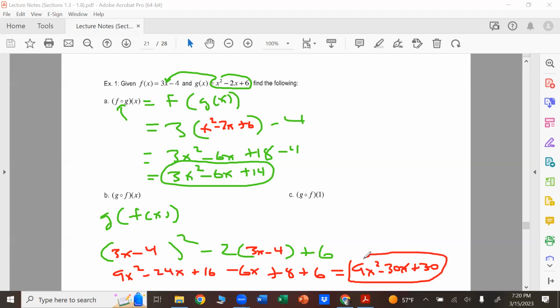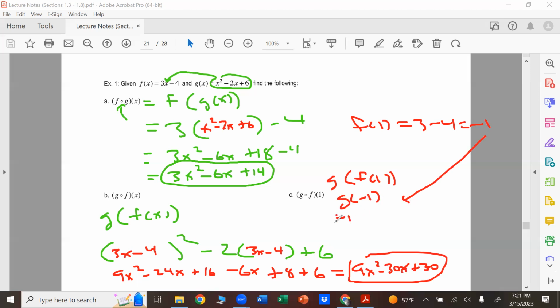And then last, g of f of 1. You're plugging 1 into the f function, and then whatever that output is, you plug into the g function. So f of 1, that's easy. That's 3 minus 4, which of course is negative 1. Then that goes into the g function. That would be negative 1 squared minus 2 times negative 1 plus 6.